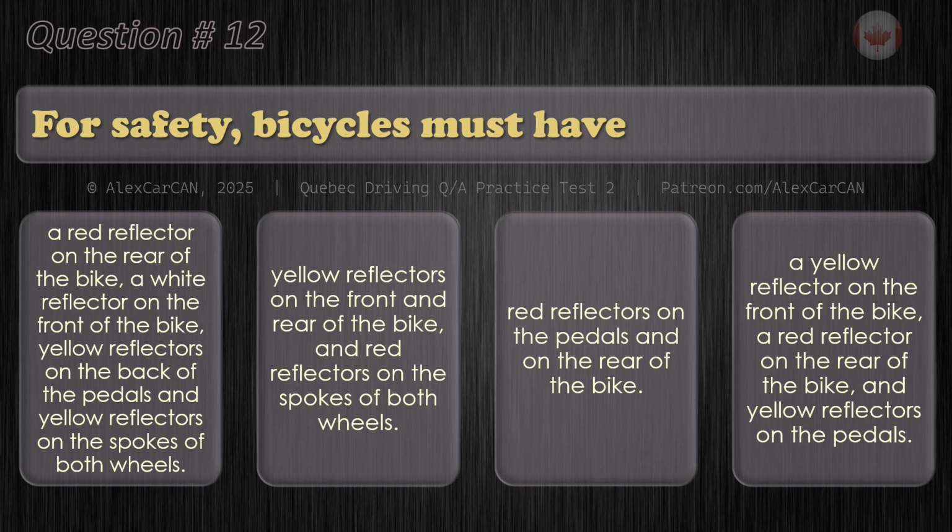A yellow reflector on the front of the bike, a red reflector on the rear of the bike, and yellow reflectors on the pedals. The correct answer is a red reflector on the rear of the bike, a white reflector on the front of the bike, yellow reflectors on the back of the pedals and yellow reflectors on the spokes of both wheels.